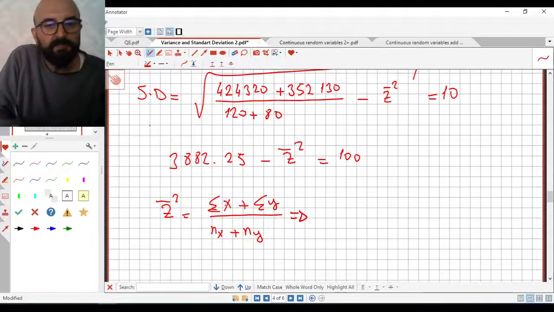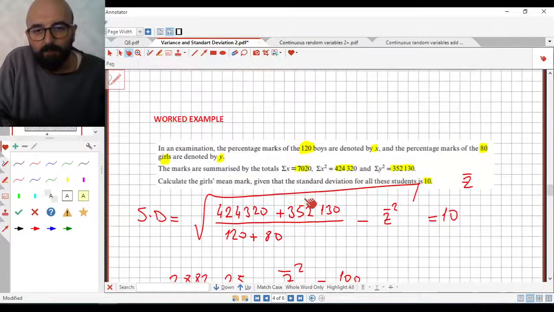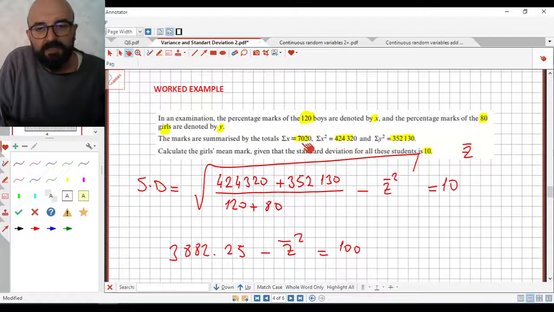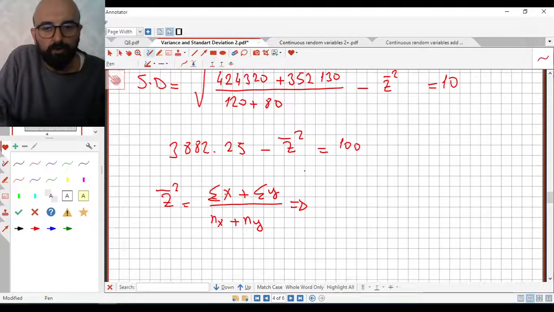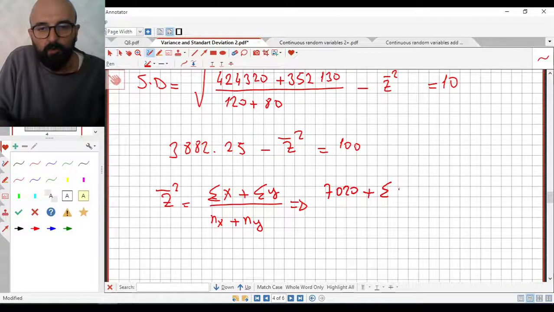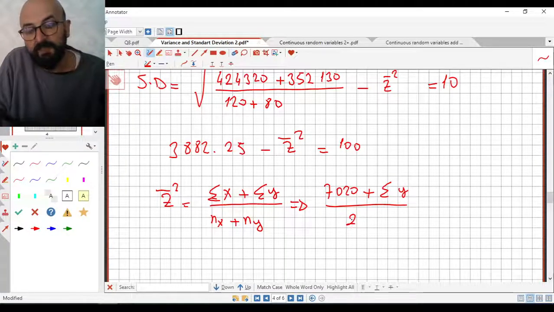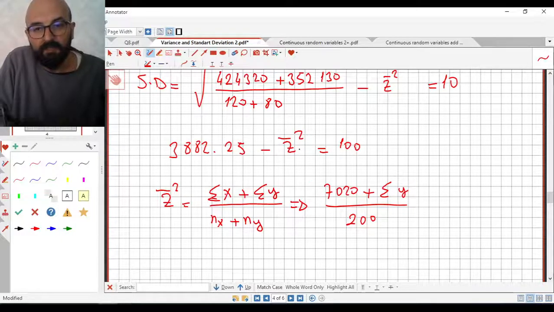The sum of x values is 720, and the sum of y values I don't know, so 720 plus the sum of y values over the number of students, 300, and the z square means this square.